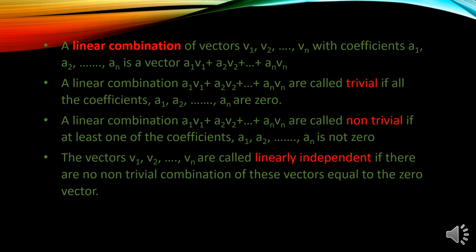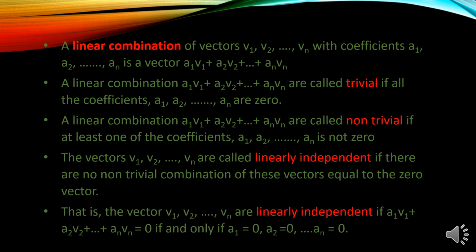In other words, only the trivial combination of these vectors equals 0, and then you say that the vectors v1, v2 up to vn are linearly independent.